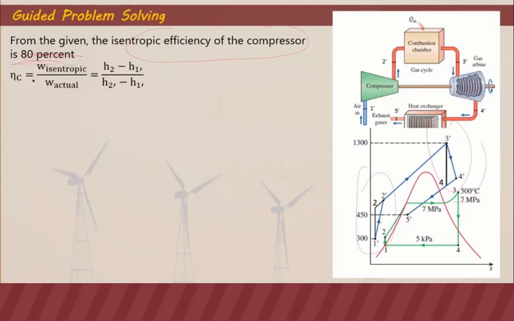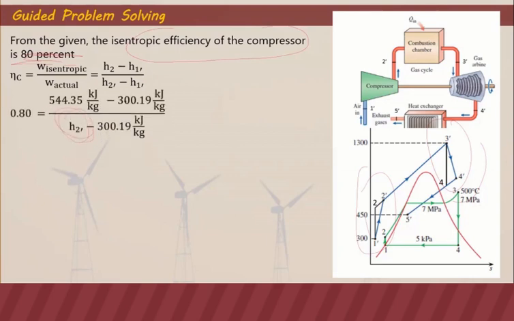The isentropic efficiency of the compressor is work isentropic over work actual, and that equals H2 minus H1 prime divided by H2 prime minus H1 prime. The actual is H2 prime minus H1 prime, and the isentropic is H2 minus H1 prime. That's why we have it here. So we need to solve for 2 prime.